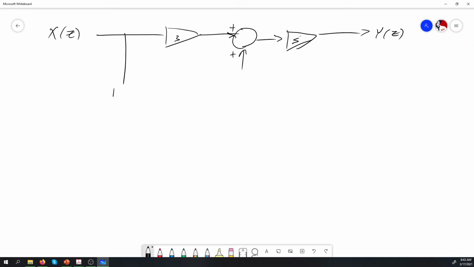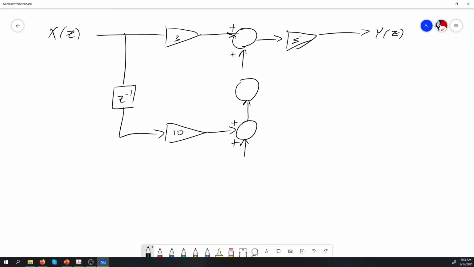Go down here. 1. It was 10. Another summation junction. Another summation junction. Negative. Triangle. 6. To the -1 block.